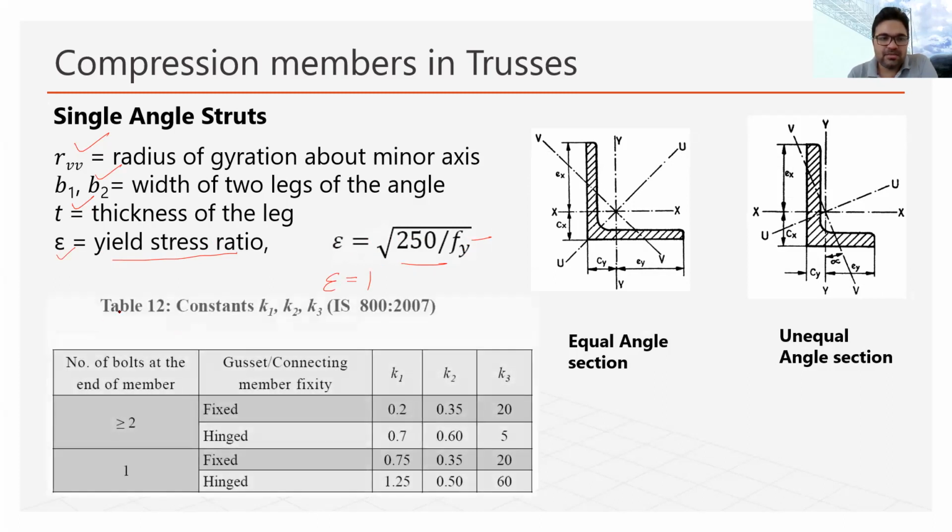And IS code has given this Table 12 to find the values of K1, K2, K3 for the calculation of lambda e. There you can see K1, K2 values depend on the end conditions. If two or more bolts are used and the connection is fixed, in that case the K1, K2, K3 values will be there. So we will use this table to calculate these values.